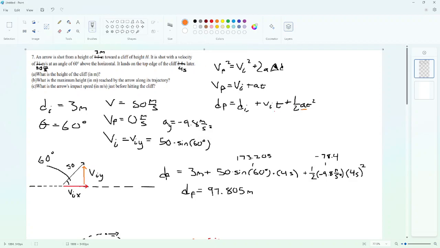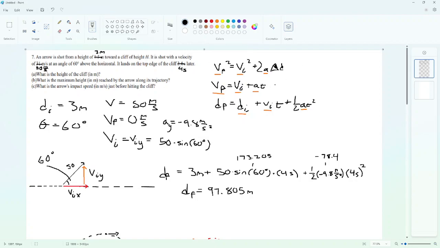We have acceleration. We do not have time. We have initial velocity. We have initial distance. We do not have final distance. We have final velocity, initial velocity, acceleration. We do not have displacement.